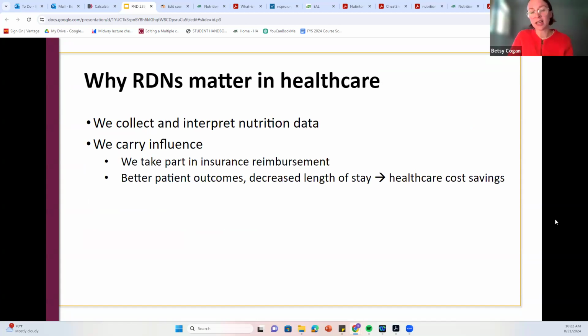So it's not only that we exist in the healthcare system, but when we are providing care to patients, patients end up leaving the hospital a lot healthier and a lot better off. And that's just another reason why we as dietitians need a standardized tool, such as the nutrition care process, that can help us provide that important care that has been identified in the research.